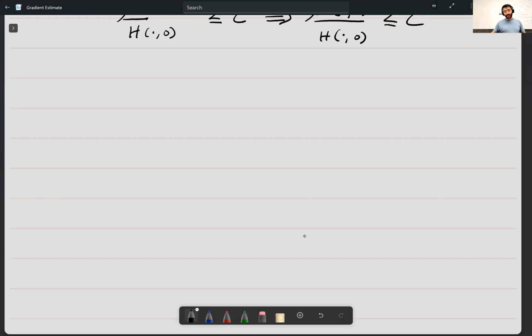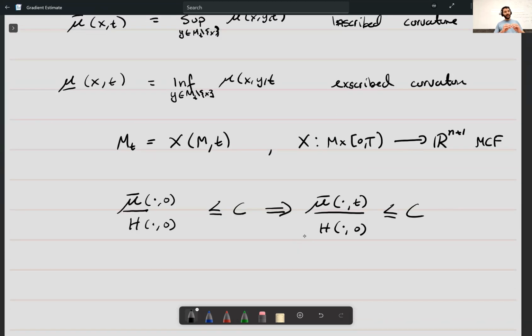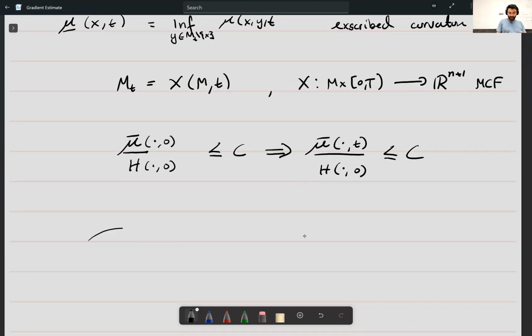So why would one expect to derive gradient estimates for the curvature by looking at this quantity? Well, it does give you some control over the curvature, because you're saying that there exists a ball on the inside that has some fixed radius.